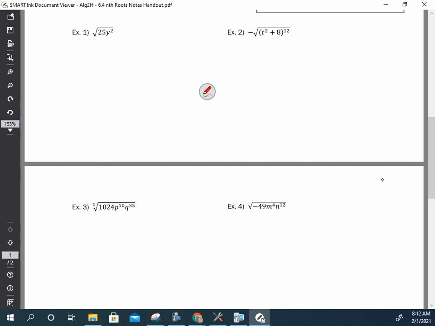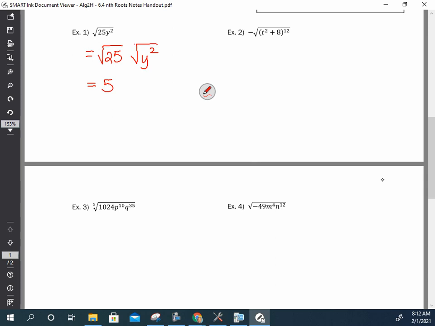So the square root is over both parts. So that means you're doing the square root of 25 and the square root of y squared. So you're doing the square root of both. Square root of 25 is easy enough. That's 5. For y squared, when you're dealing with variables or expressions, that's when you are dividing the exponents.